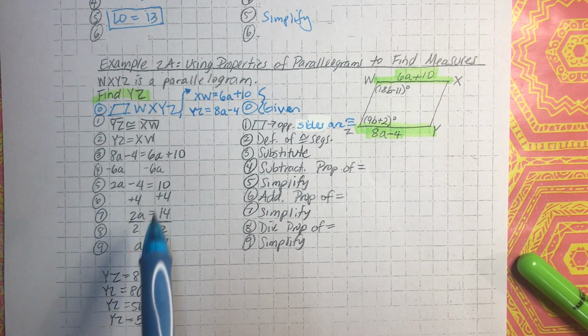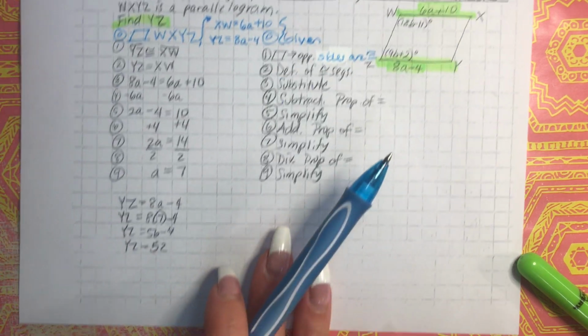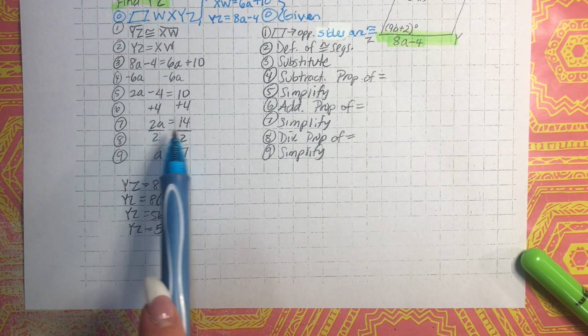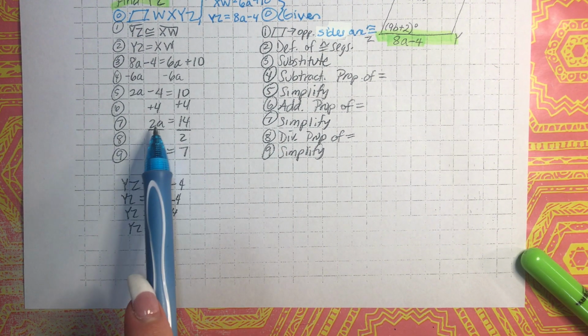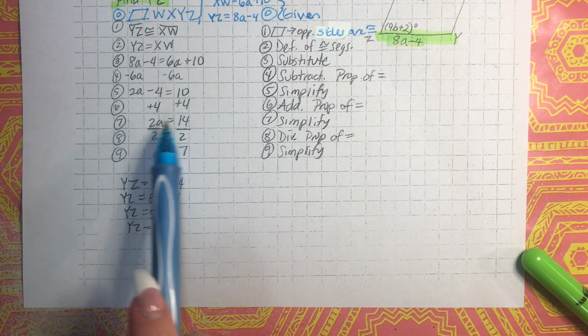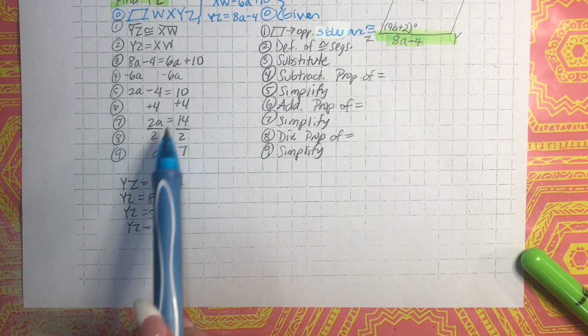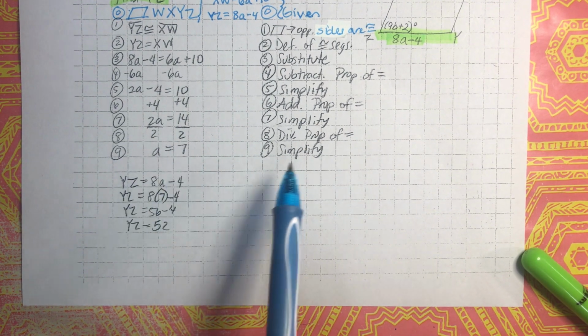So that cancels. We're left with 2A equals 10 plus 4 is 14. That's simplifying. Then we use the division property of equality, divide both sides by 2, and we end up with A equals 7, since 14 divided by 2 is 7.